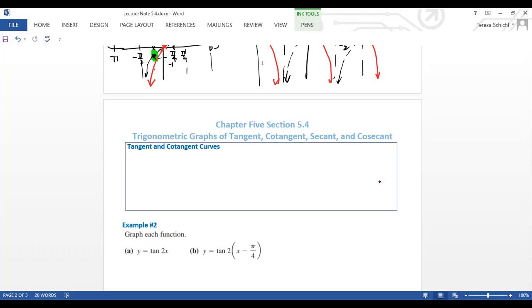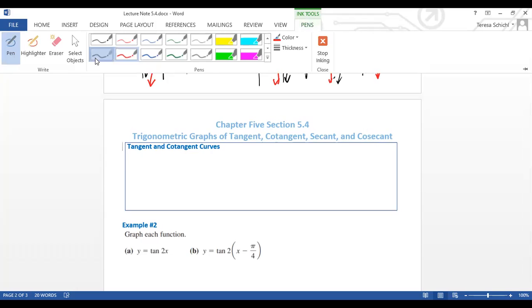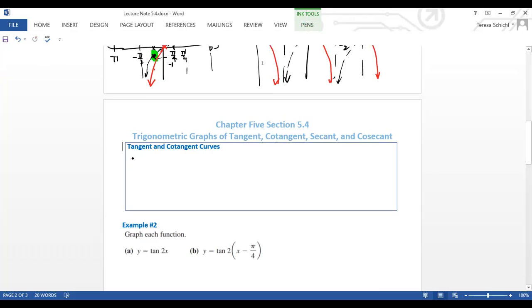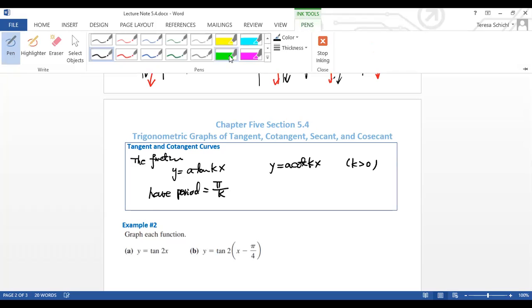Okay, so now let's take a look at the functions here. If y is equal to a tangent kx, or y is equal to a cotangent kx, because both of them have a period of pi, both of these functions have a period equal to pi over k here, right?